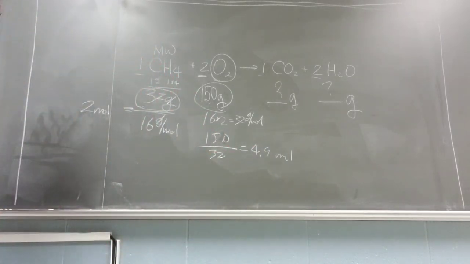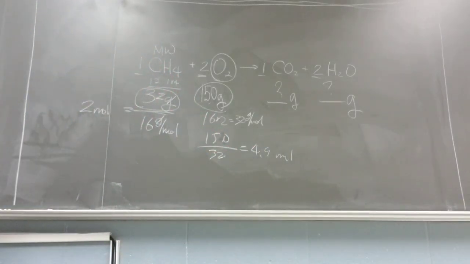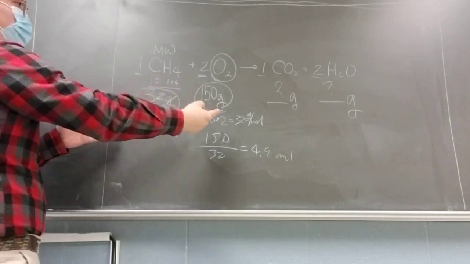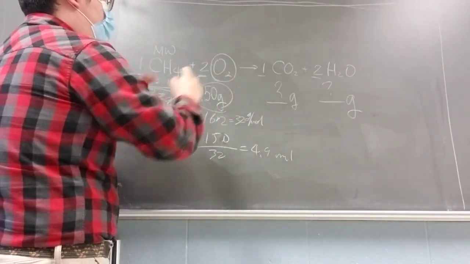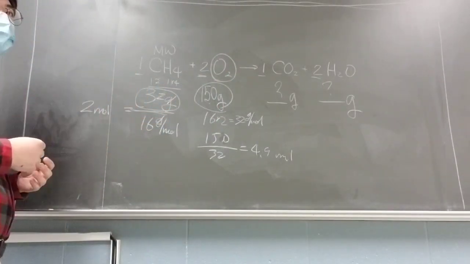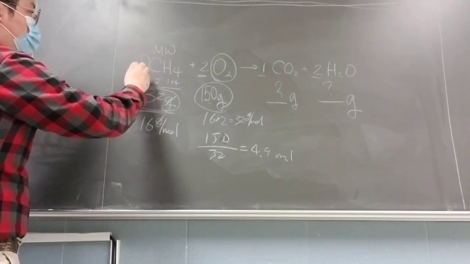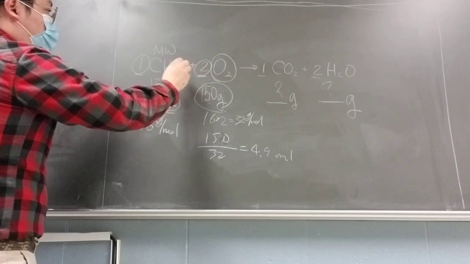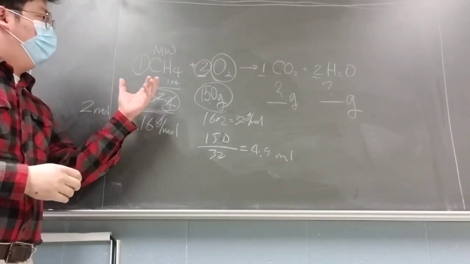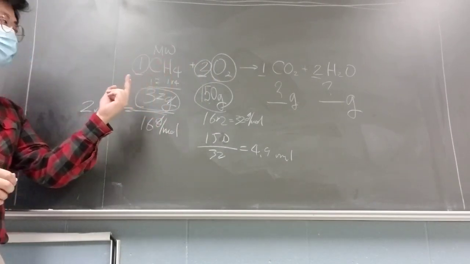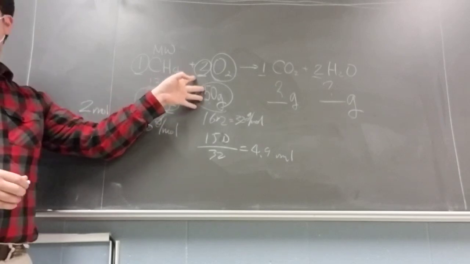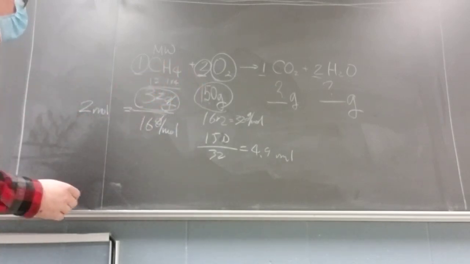Okay. So you have the mole numbers of these two reactants, methane and your oxygen gas molecule, in moles now. If you think about 1 methane interacting with 2 oxygen molecules, meaning if you have 2 moles of methane, you need to have 4 moles of oxygen.